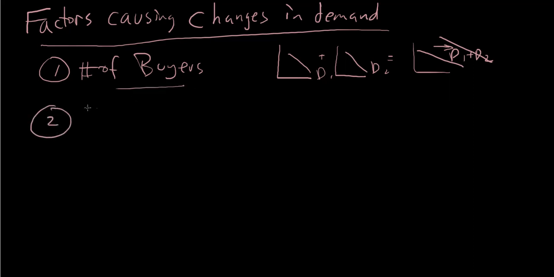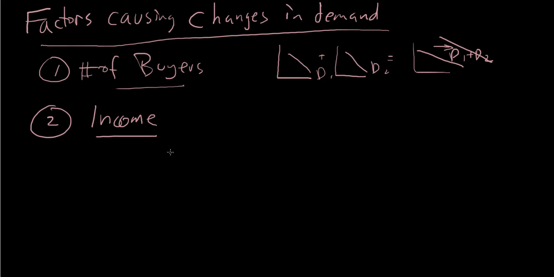Another thing you can think of is income. Income obviously will change the demand, right? So, a change in demand. Income has two types of effects on the demand.